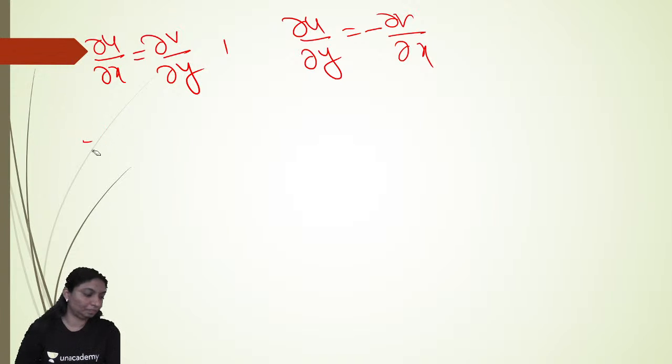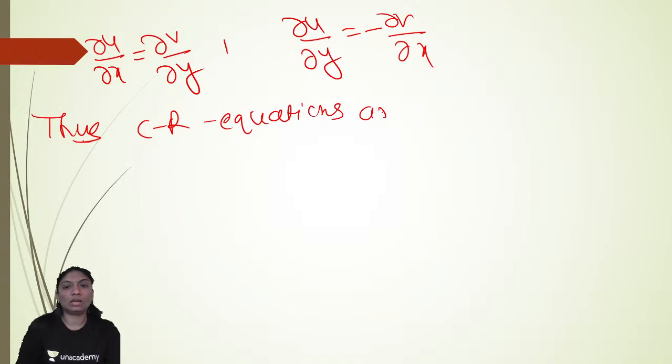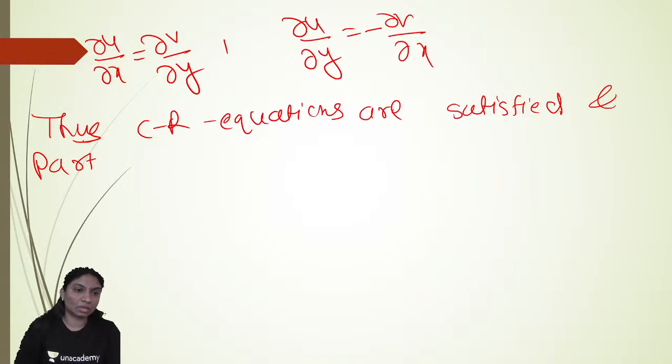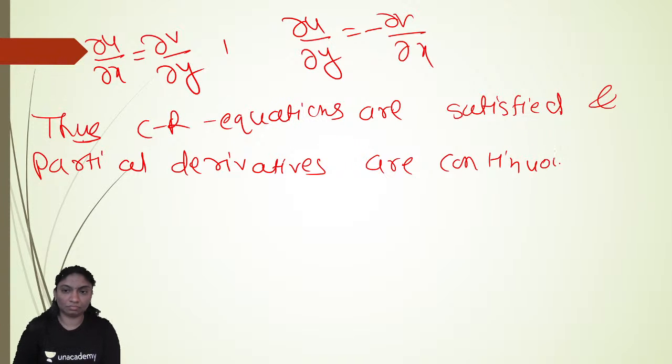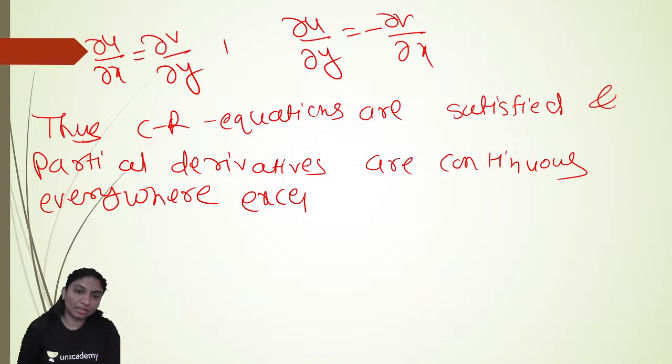So we can write here: the CR equations are satisfied and the partial derivatives are continuous everywhere except at x equal to 1 and y equal to 0.